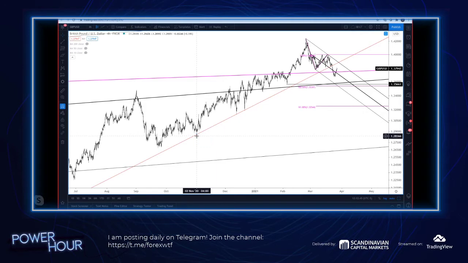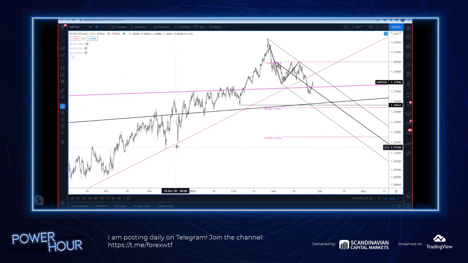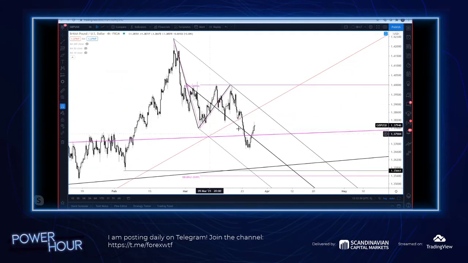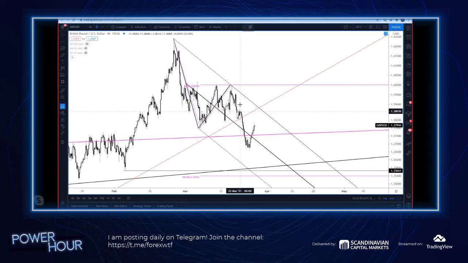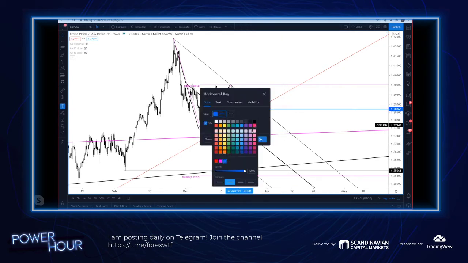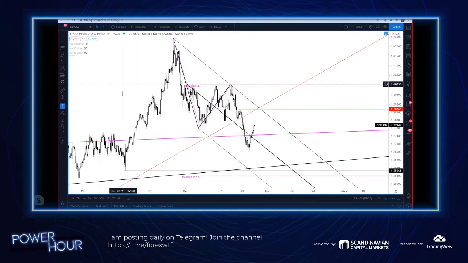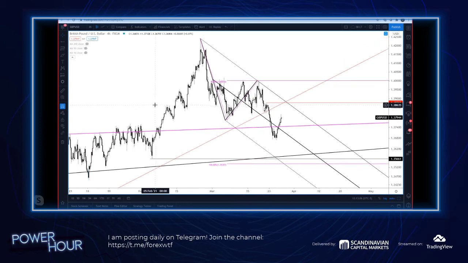And then off the November low, support, support. 3880 is going to be resistance. That's probably where you want to be looking for a possible short.